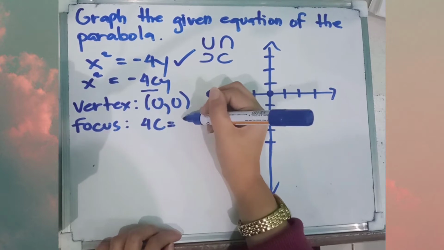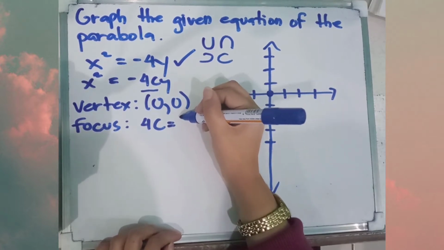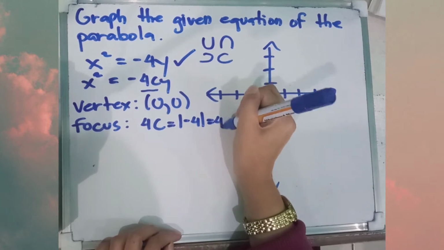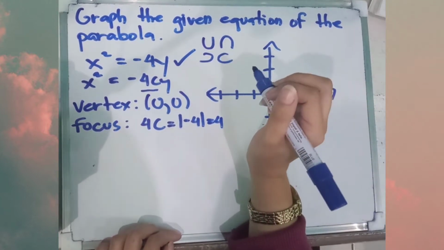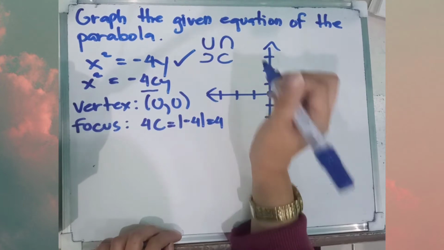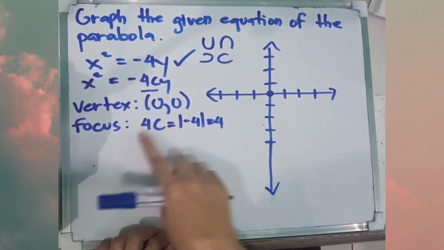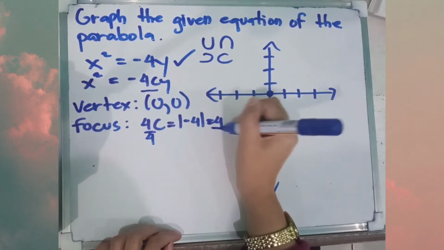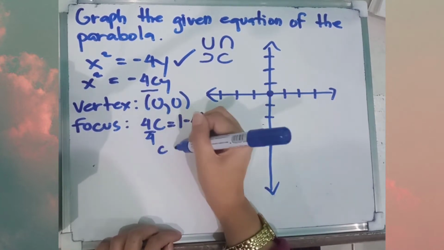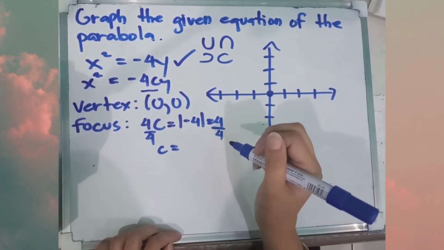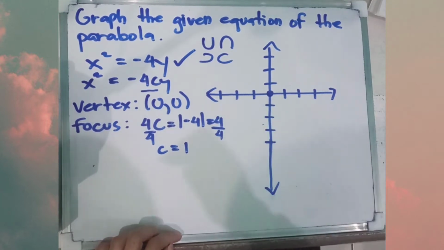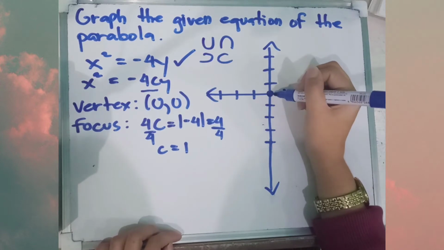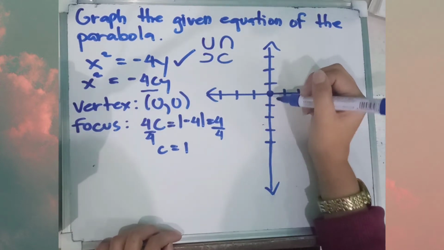But since we are talking about distance, we need to take the absolute value, since there is no such thing as a negative distance. Distance is always positive. Dividing both sides by 4, c is 1, meaning the distance from our vertex to the focus is 1.